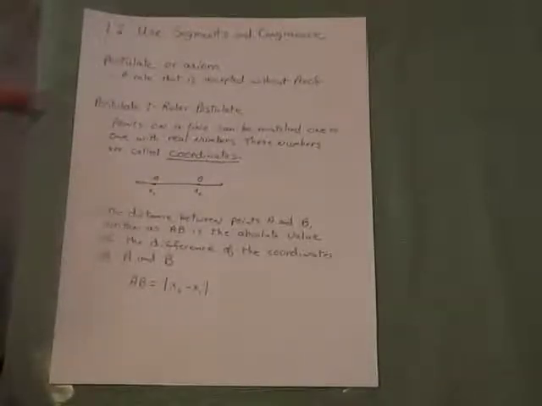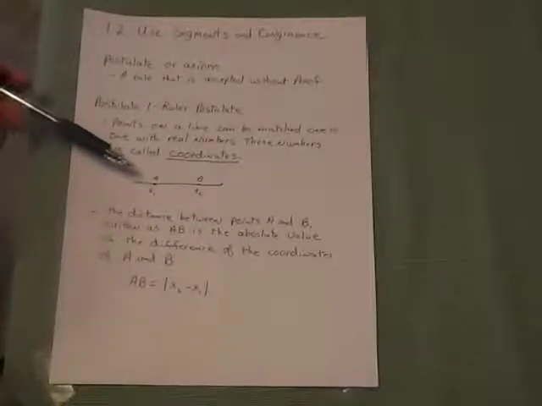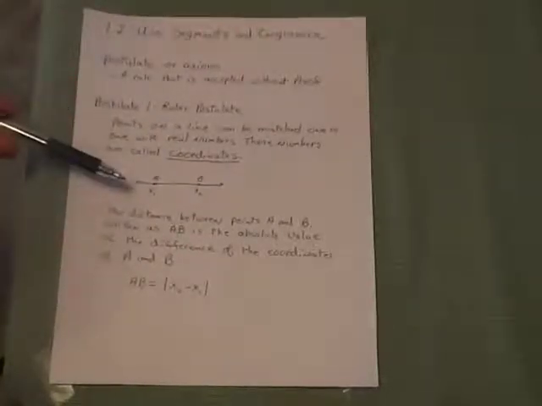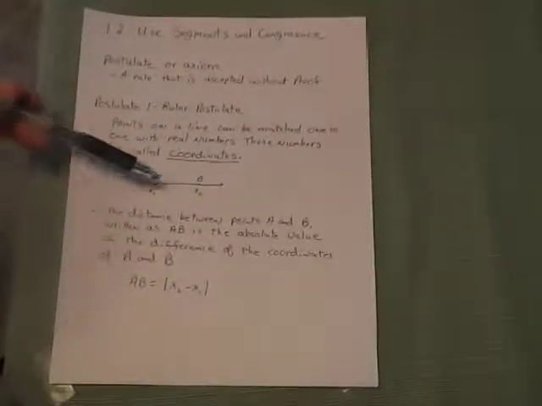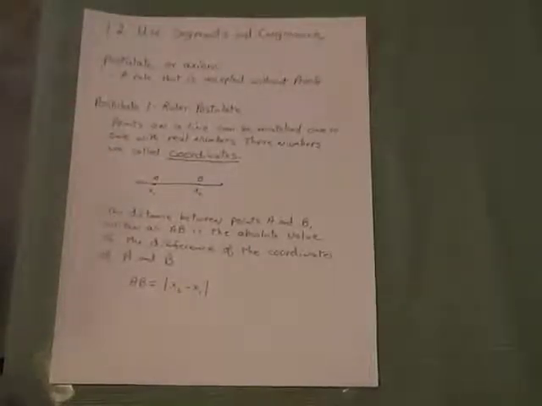So our first postulate, postulate 1, is called the ruler postulate, and it says that points on a line can be matched 1-to-1 with real numbers, and these numbers are called coordinates. So if you have a line with points on it, we can assign numbers to each of those points.